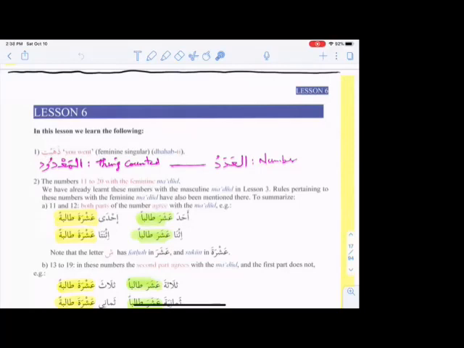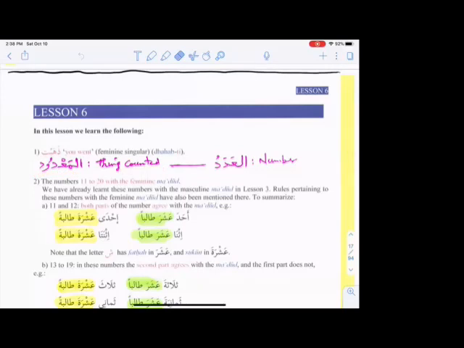Now we come to counting. Two things to remember. First, you must memorize this. Al-adad, or adad you can say, number. And counter to that is al-ma'dud. Al-ma'dud means thing counted or things counted.